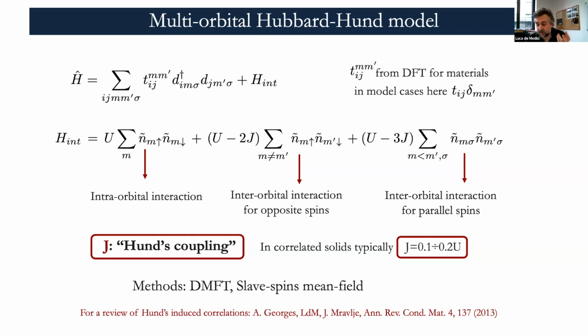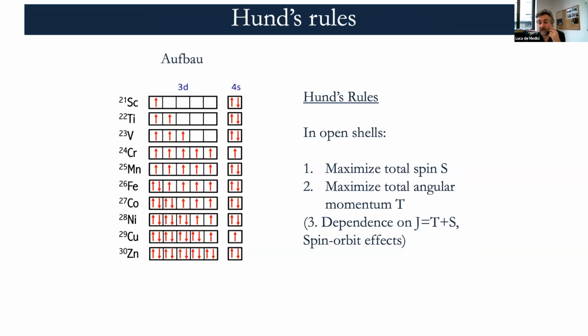So DMFT and slave-spin mean field, which is another embedding method, equivalent to Gutzwiller approximation or slave bosons, really bring this point of view of what the atom does in the creation of the metallic state. In particular, this Hamiltonian brings in the fact that high-spin configurations of electrons distributed on all possible orbitals are favored among these local configurations, and this is exactly what we know from chemistry and atomic physics as the Hund rules.